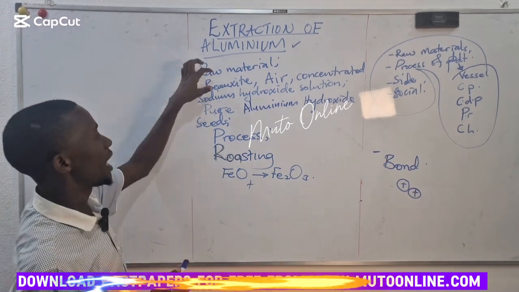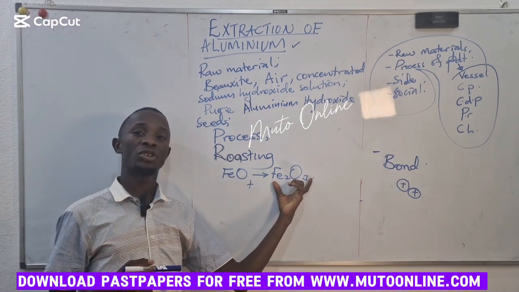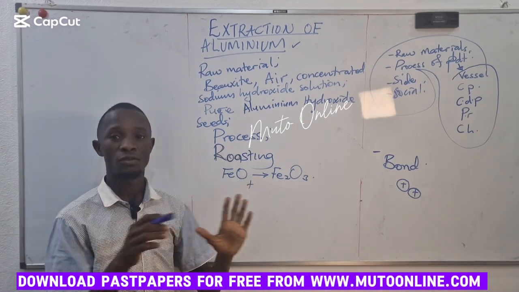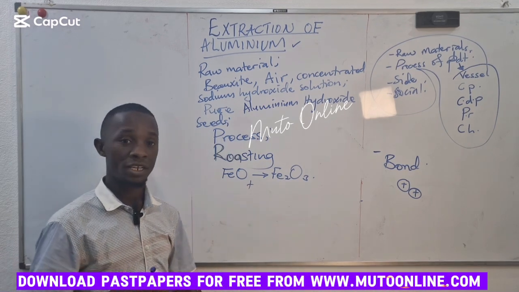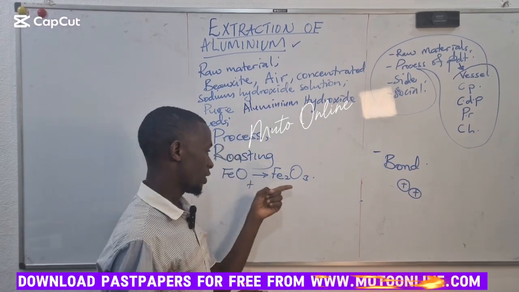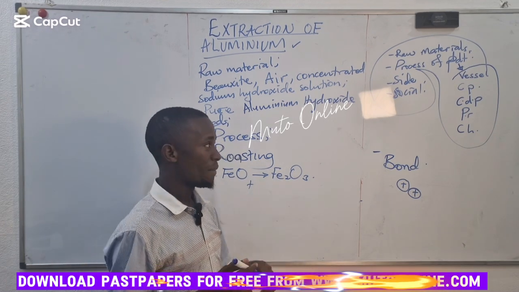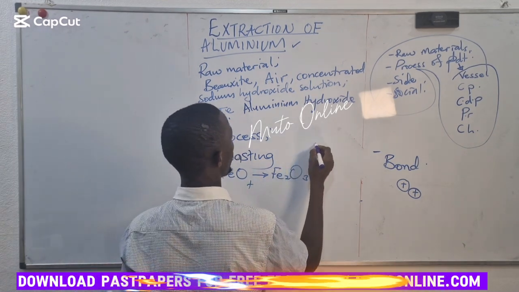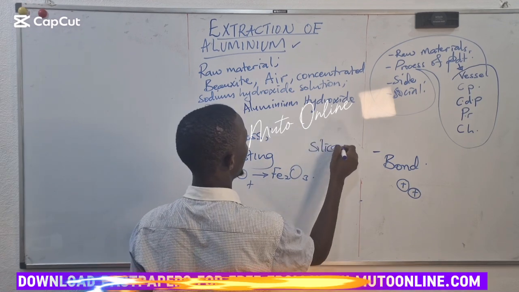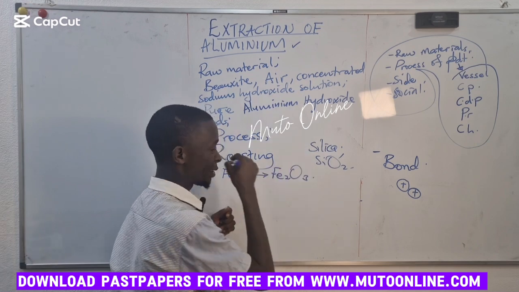So this means that we shall have bauxite, this time with iron 3 oxide as the impurity, not iron 2, and free from water. So we've eliminated one of the impurities, which is water. But this one is remaining now. Among the other impurities, we have silica, which we know very well as silicon dioxide.